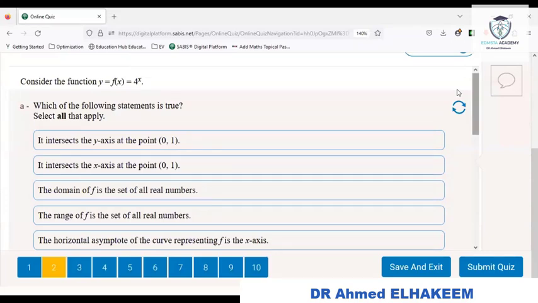Which of the following statements is true? The function is 4 power x. The domain of f is the real numbers and it intersects the y-axis.